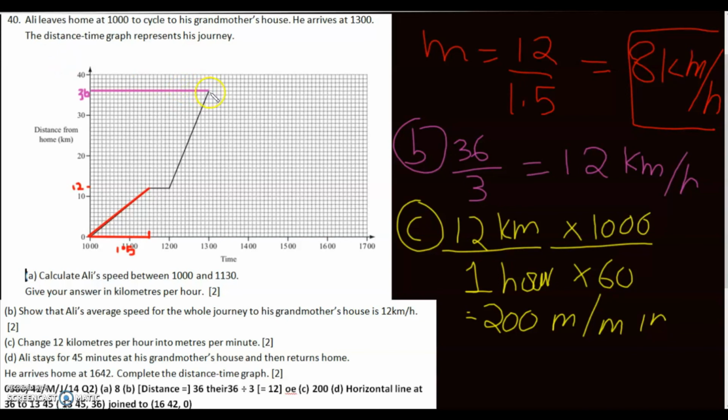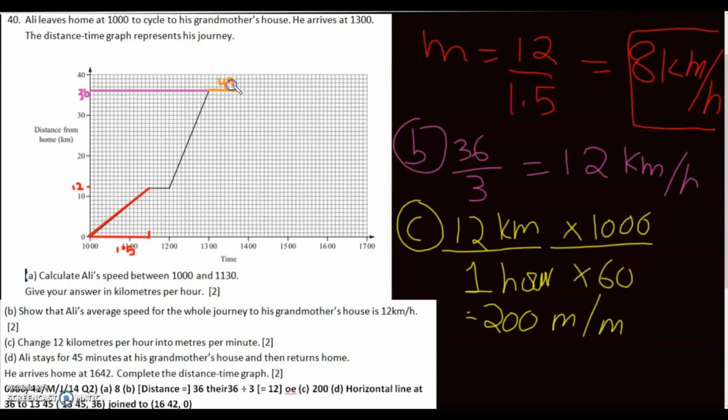That means I need to make a horizontal line covering 7.5 boxes. So 3, 4, 5, 6, 7 and 7.5. So this is 45 minutes.